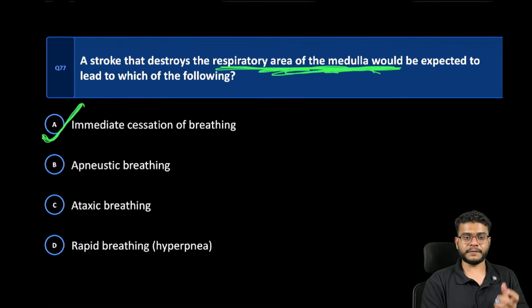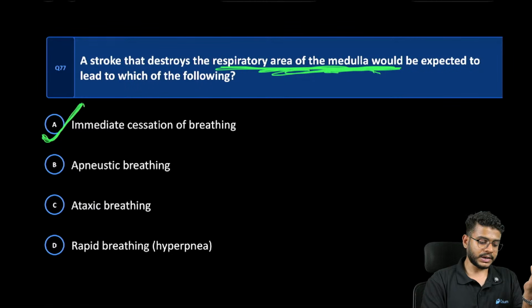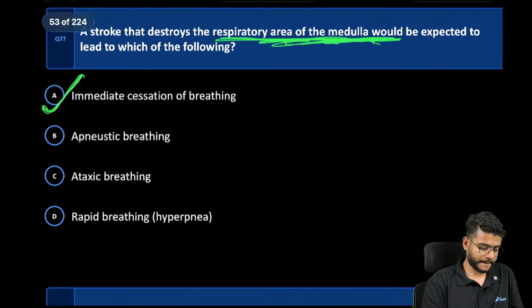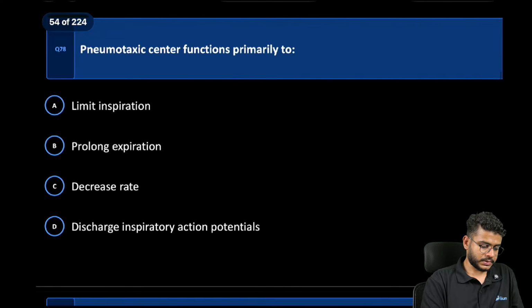If it destroyed the pontine regions only, then irregular breathing would be there because the medullary DRG can start inspiration, but in an irregular manner. But here the medullary respiratory centers are destroyed. Okay, next question. Pneumotaxic center or the PNC.